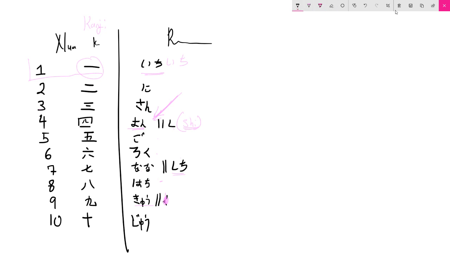Okay? If I want to say 11, in kanji, it's written like this. So this is the number, this is the kanji, and this is the reading. In kanji, we just write this. So, for example, 12 would be this. 13 would be this.